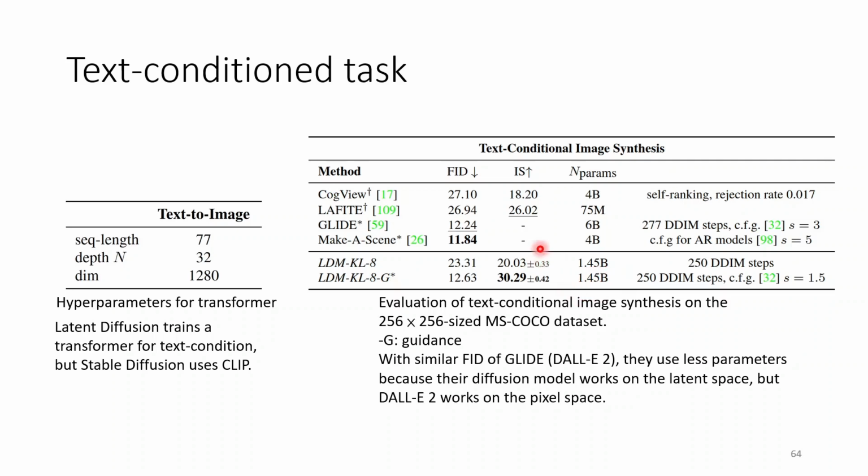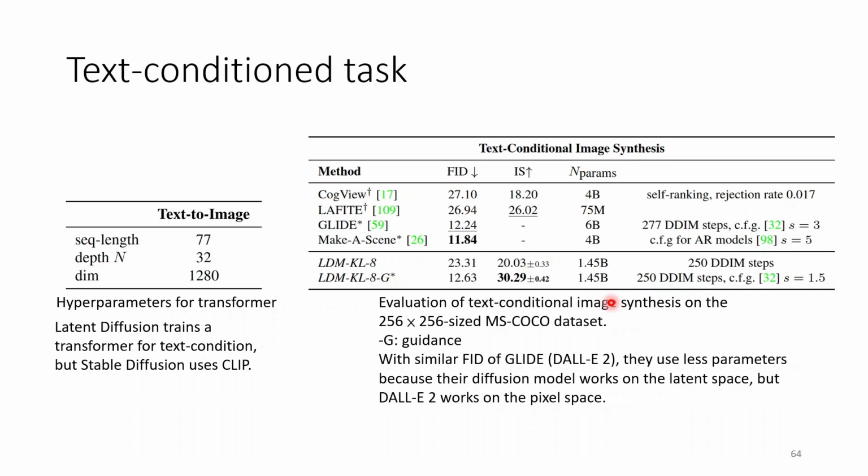But DALL-E 2, even though OpenAI released the pre-trained model, it is very difficult for most users to run the model on their own machines. Okay, so that is the reason why in the paper the authors talk about their social impact. And so this is the number to support their claim.